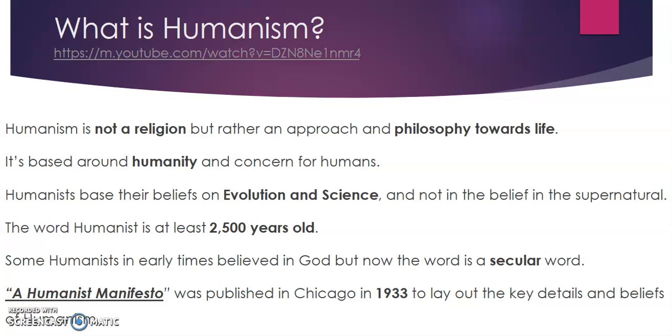While evolution and science can't answer everything, it is a much better basis for how the world works and why the world is the way it is, rather than explaining it on sacred texts or supernatural beings. We know that humanism as a movement and as a word is at least 2,500 years old, so it predates both Christianity and Islam.